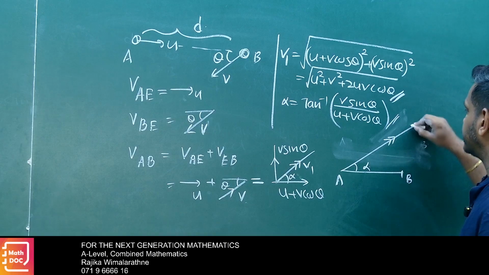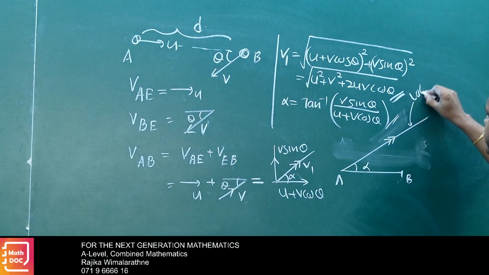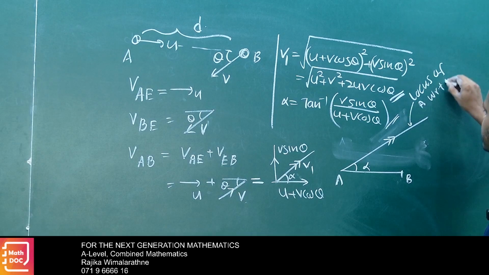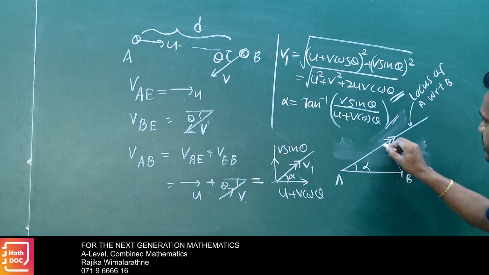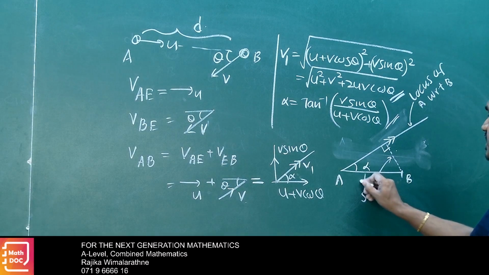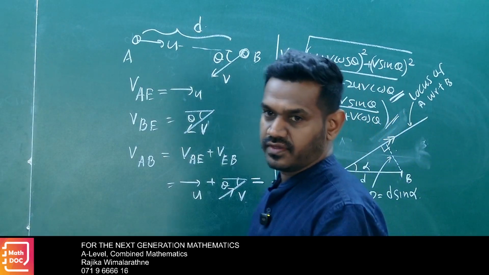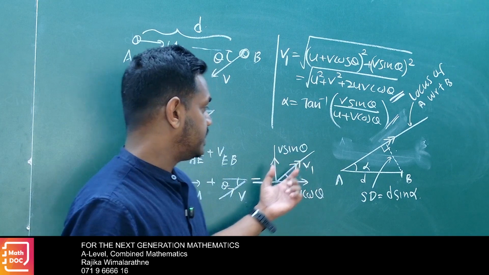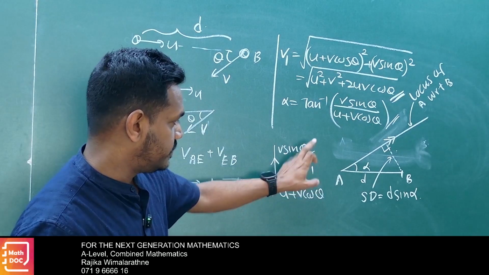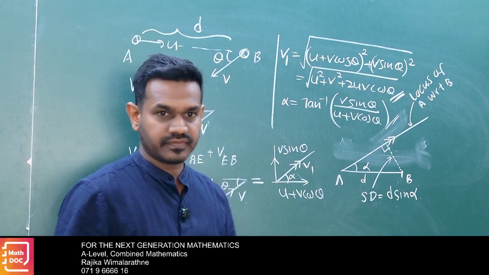That is the locus of A with respect to B. Now we sketch the perpendicular; this is the shortest distance, d sin alpha. We know alpha and d is given, where sin alpha equals v sin theta over V1. Then you can substitute and find. So anyway, complete.